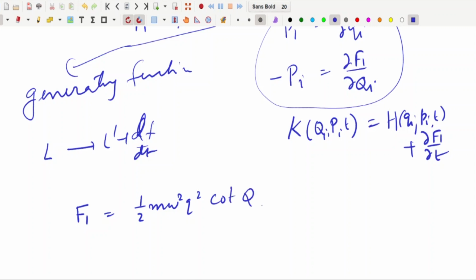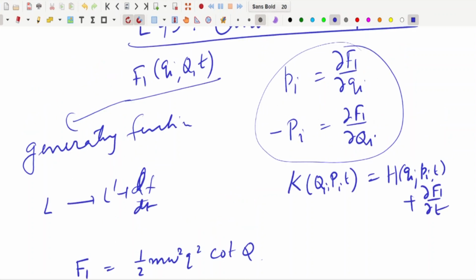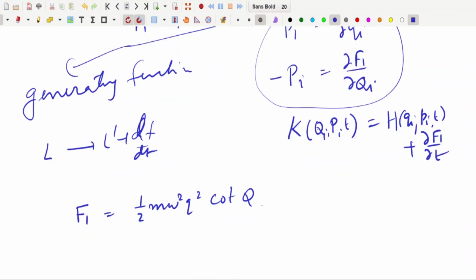So this will generate the transformation through this equation. Let me write p, only one variable, so we do not need any index. So p will be ∂F1/∂q, so it will be m omega square q cot Q, right.